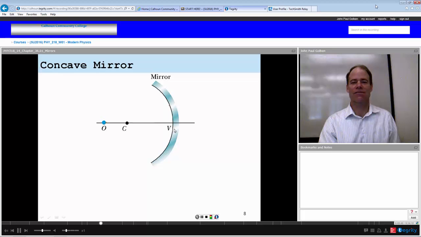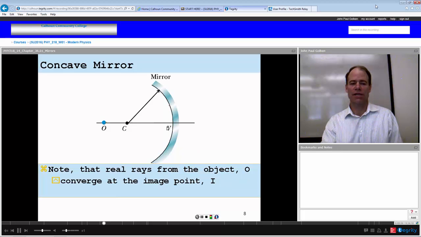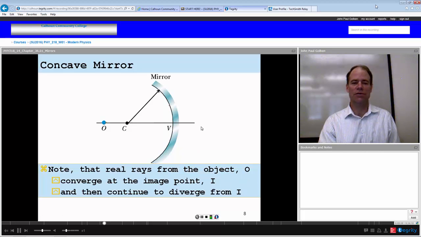Here's a concave mirror. The mirrored surface is caving in. We have a center of curvature here, and a radius of curvature. If you had an object, real rays from the object will converge at some point and then continue to diverge from that point. Let's say we had a ray coming in to this concave mirror and reflecting off it.